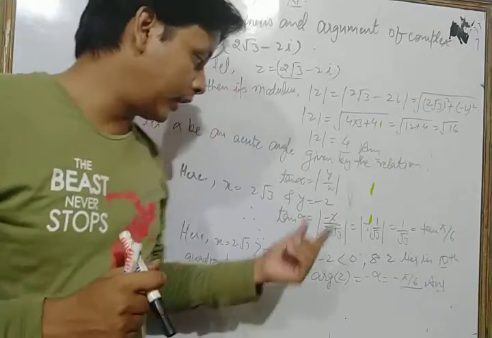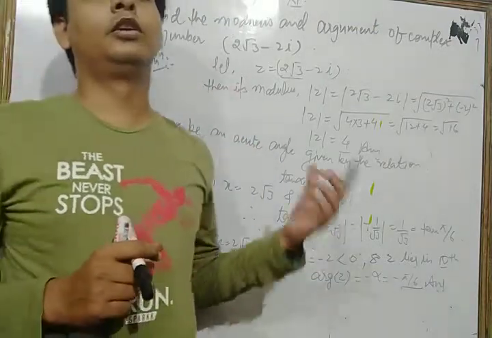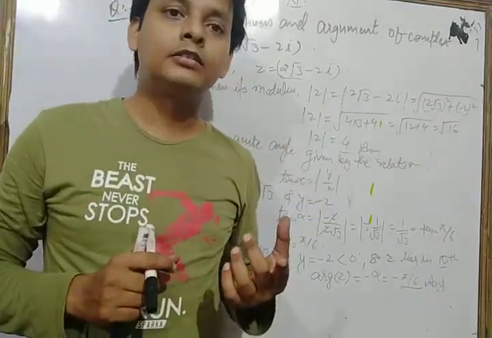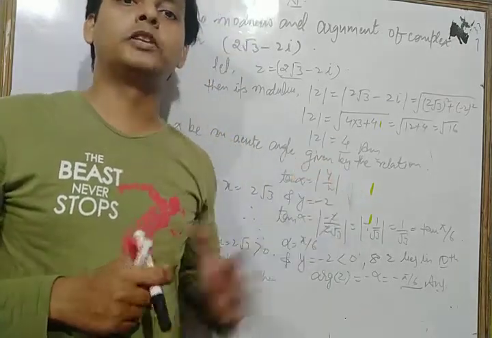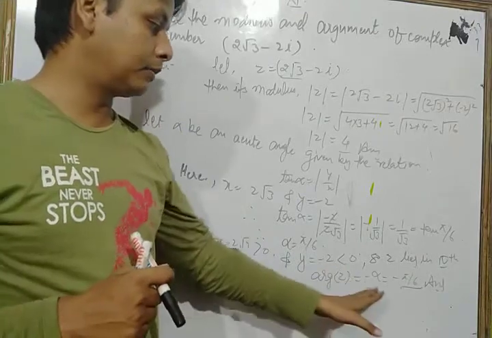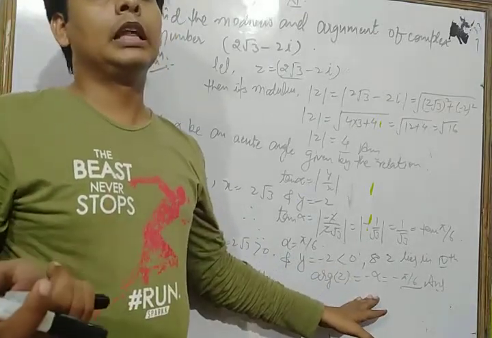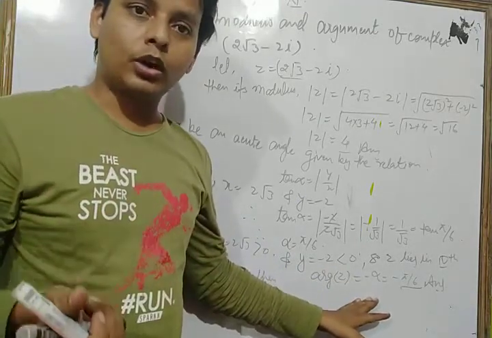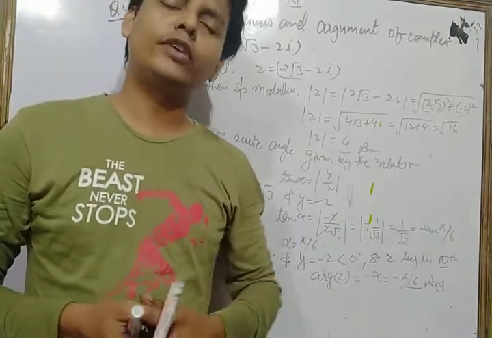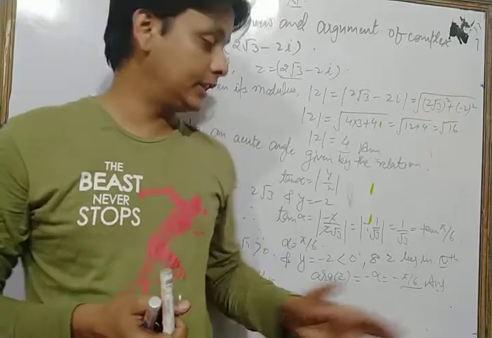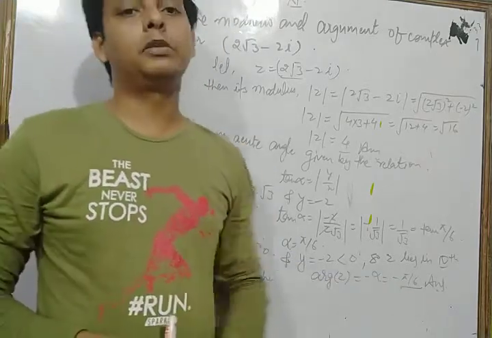Then the point xy lies in the fourth quadrant of the Argand plane. By the formula, when the point xy lies in the fourth quadrant, the argument of the complex number will be minus alpha. So we write minus pi by 6.